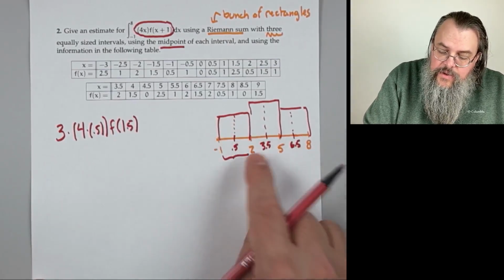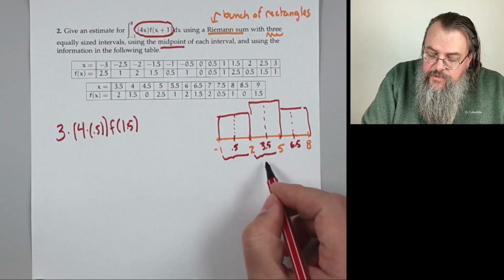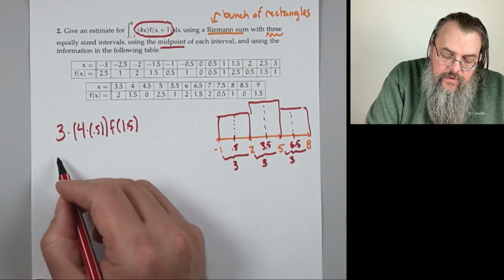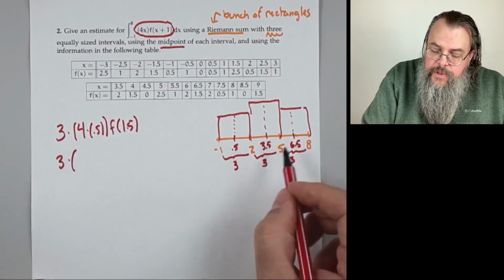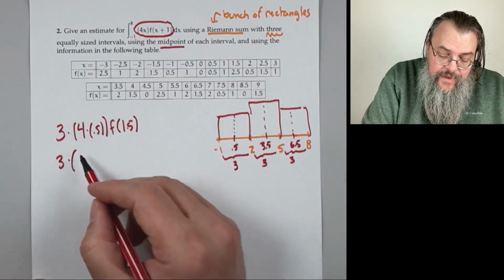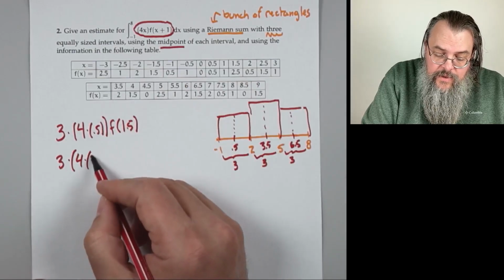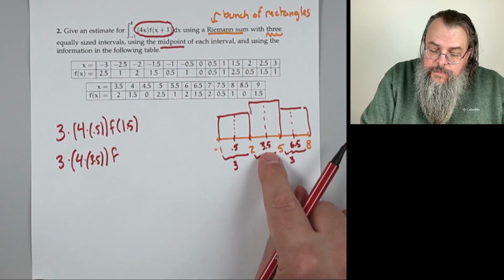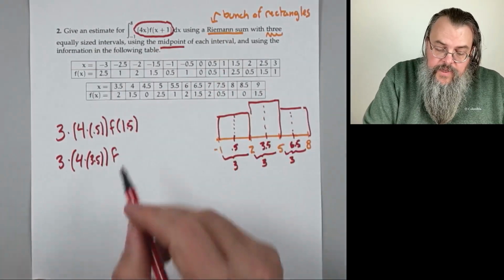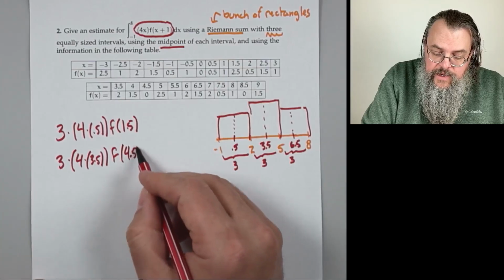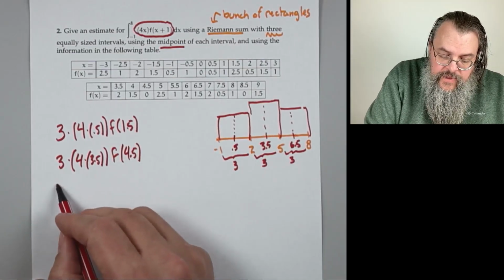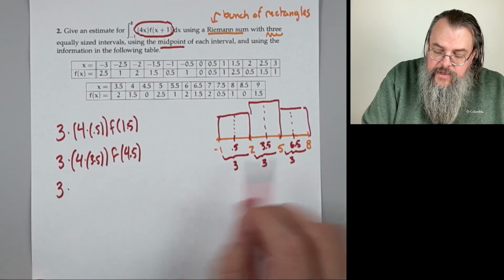Second rectangle, the width, still 3. So they all have width 3. Plug in 3.5. So we have 4 times 3.5. And then we're going to have f of 3.5 plus 1 would be 4.5. Now the last rectangle. 3, that's our width.